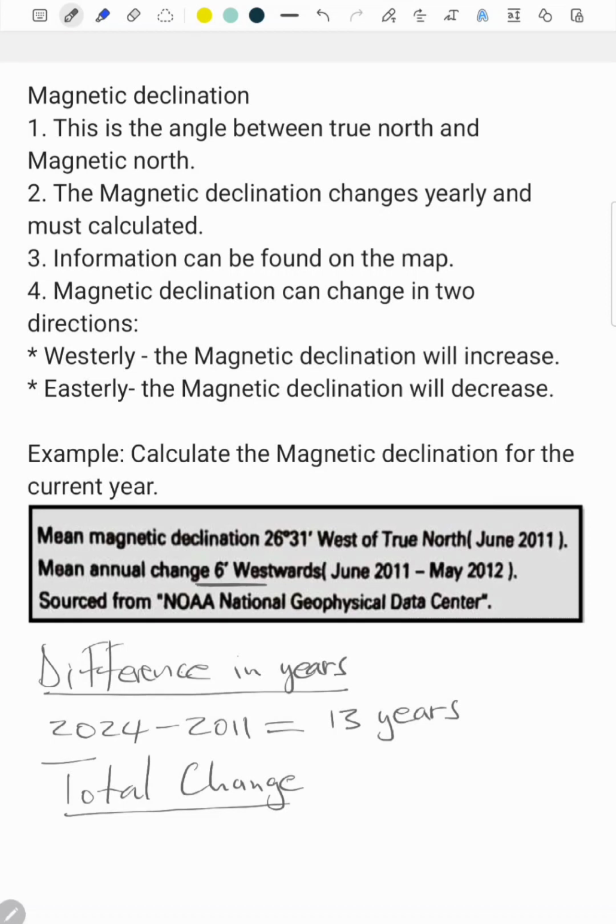So to get the total change, we take the difference in years, which is 13 years, and we multiply it by the mean annual change, which is 6 minutes westwards. When we multiply 13 times 6, we are going to get 78 minutes. Remember, the change is westwards. So we are going to get 78 minutes westwards.